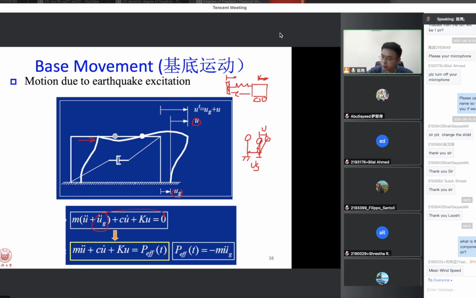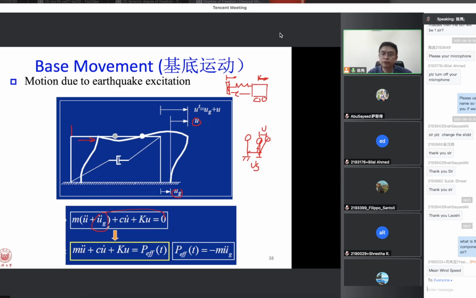First the static, then the dynamic. You see, this is very clear. The actual deformation should be this part plus this part. This is just a relative displacement, not the absolute displacement. So this is one form.